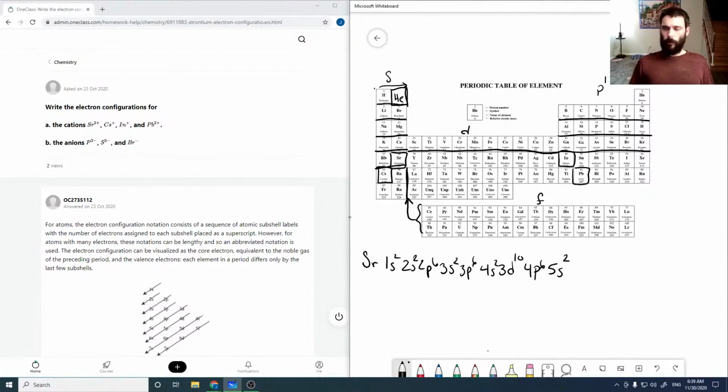All right, so that's our electron configuration for strontium.